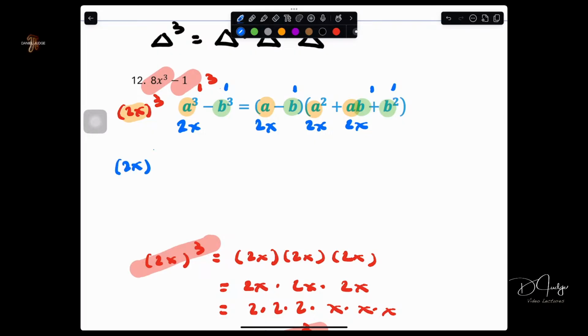What you're really looking at is 2x cubed minus 1 cubed is 2x minus 1 times 2x squared plus 2x times 1 plus 1 squared.